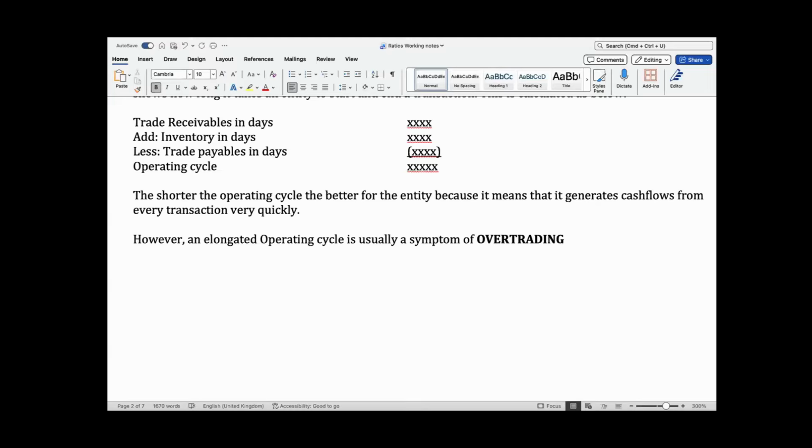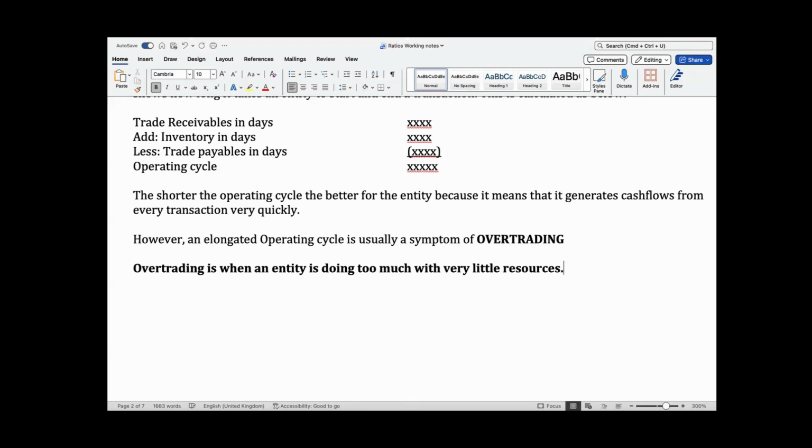So you see, when we say overtrading, it is when an entity is doing too much with very little resources.